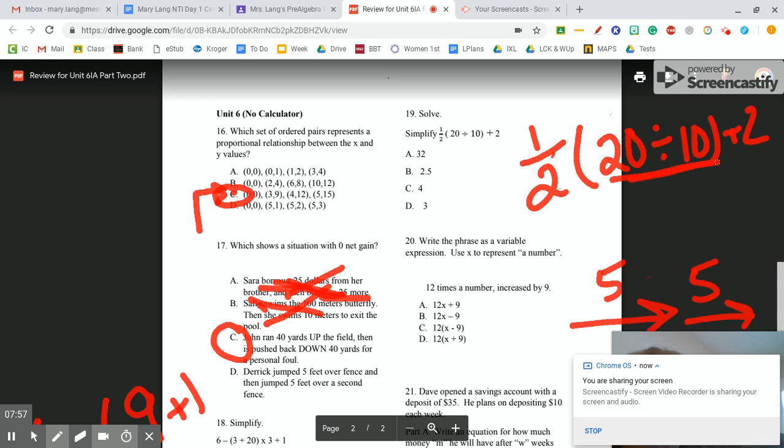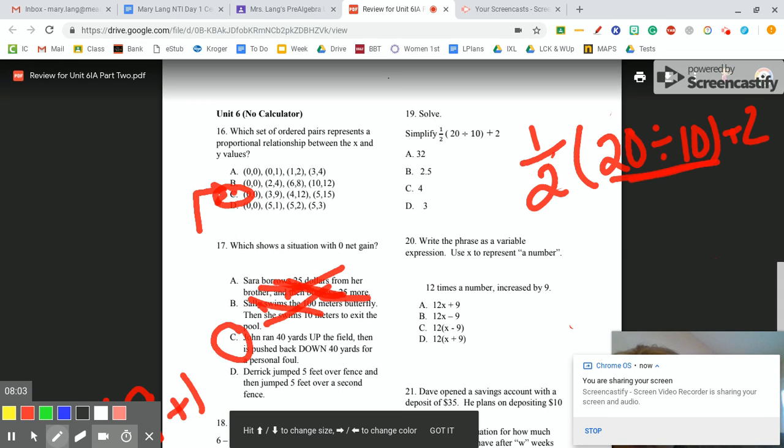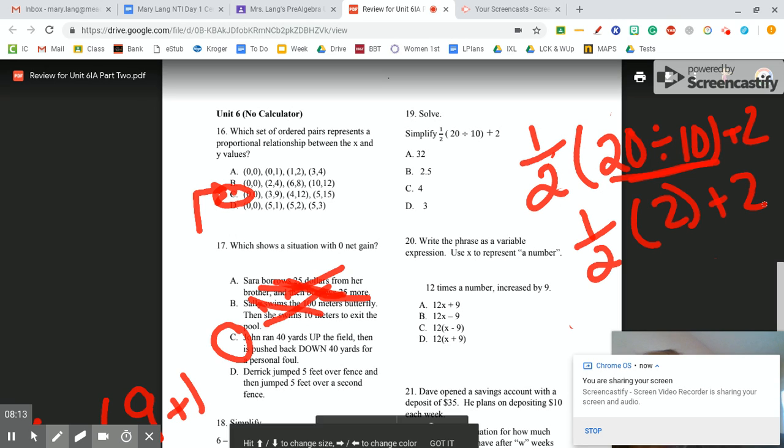So order of operations, I've got to do the parentheses first. Do more than one thing at once. So divide first. So 1/2 times parentheses: that would be 2 plus 2. Then I multiply. So half of 2 is 1. 1 plus 2 is 3.